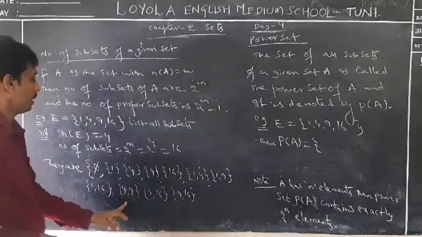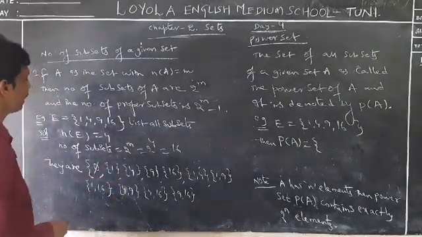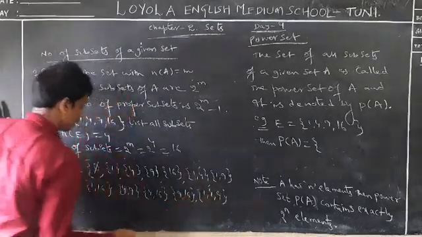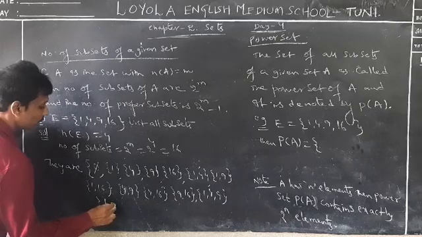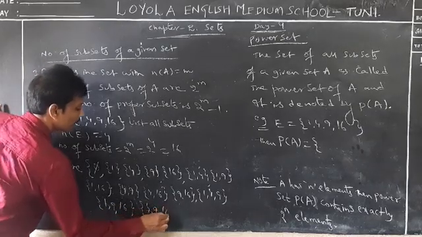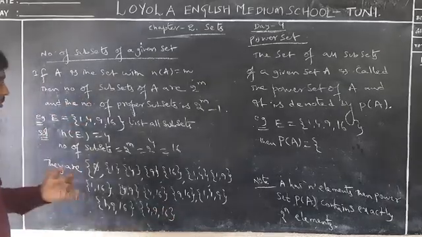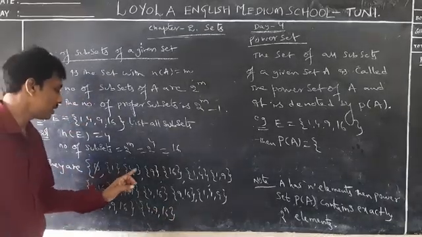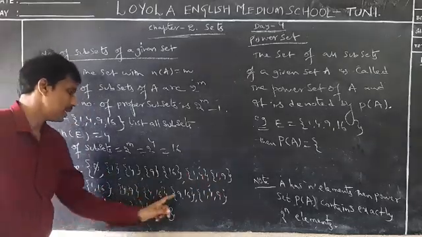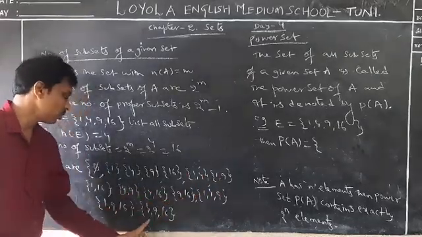Next, the combinations of three elements we must write: {1, 4, 9}, {1, 9, 16}, {4, 9, 16}. You count once: 1, 2, 3, 4, 5, 6, 7, 8, 9, 10, 11, 12, 13, 14.